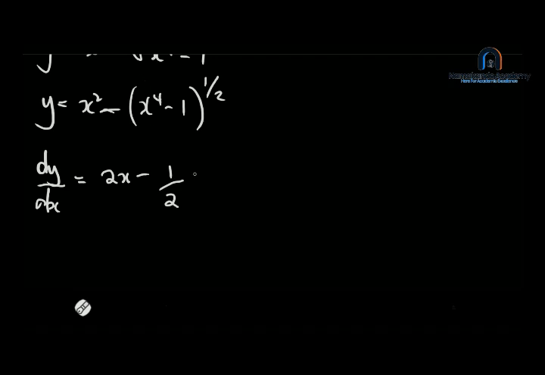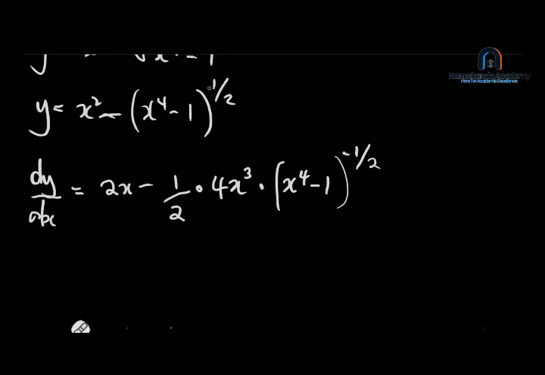When we differentiate what is inside, we'll get 4x to the power 3, like this. Then we simply multiply with everything inside. So here we're simply using the chain rule. So write everything inside, which is x to the power 4 minus 1. Then this half, you subtract a 1, hence you get negative half. So you subtract 1 from half, it gives us this.